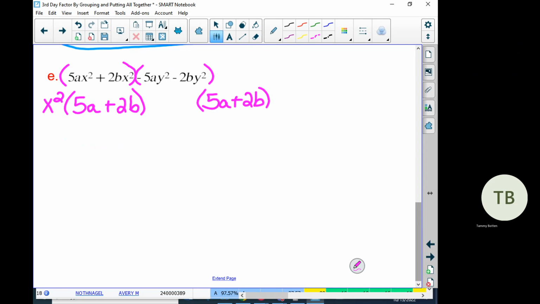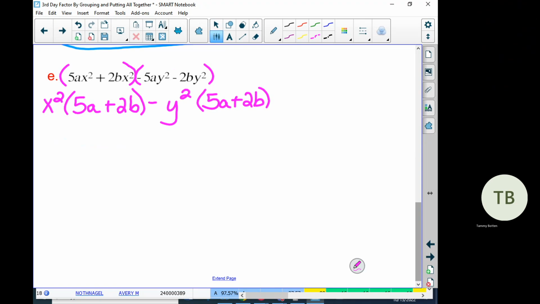But what I would do is look now, what times 5a would give me a negative 5a y squared. So I already have the 5, but I don't have the negative. I already have the a. So would you guys get that it would be y squared? So negative y squared times 5a is negative 5a y squared.